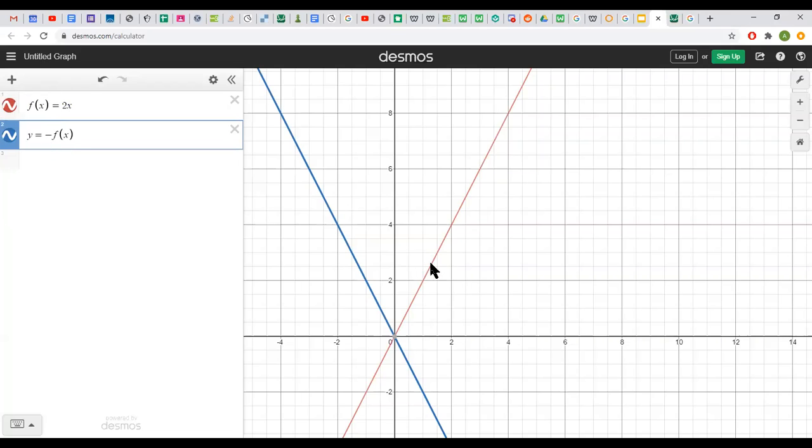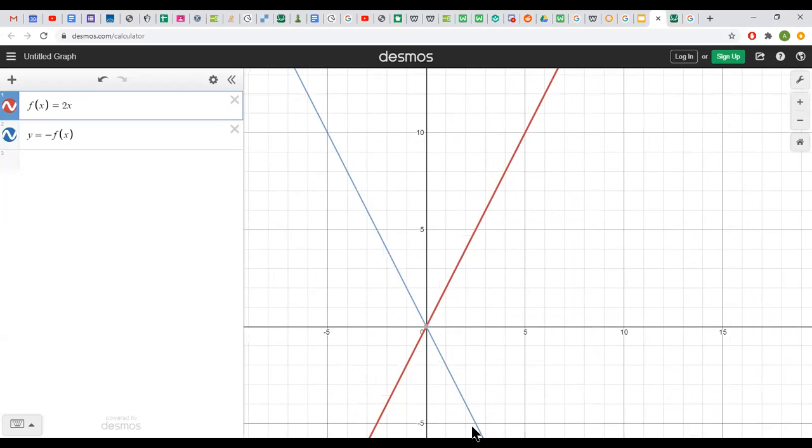We can see that our blue line is basically just a reflection of this red line over the x-axis. If we look at our equations, f of x is our output, it's our y value. But what we're doing is multiplying that by -1. So if we have 2, 4, our output is multiplied by -1, so we're going to have 2, -4.